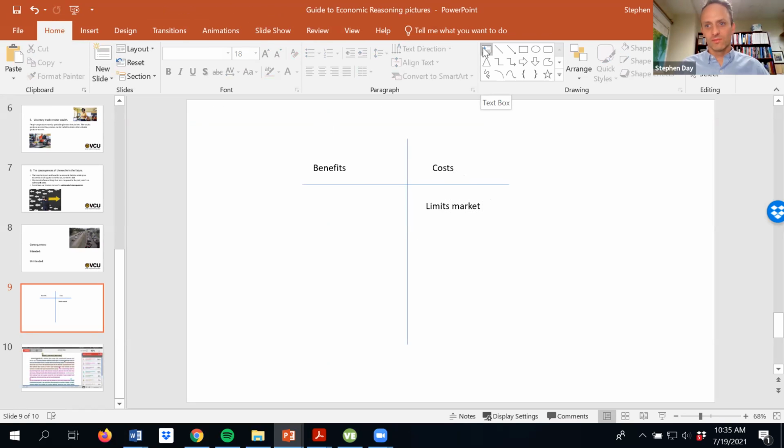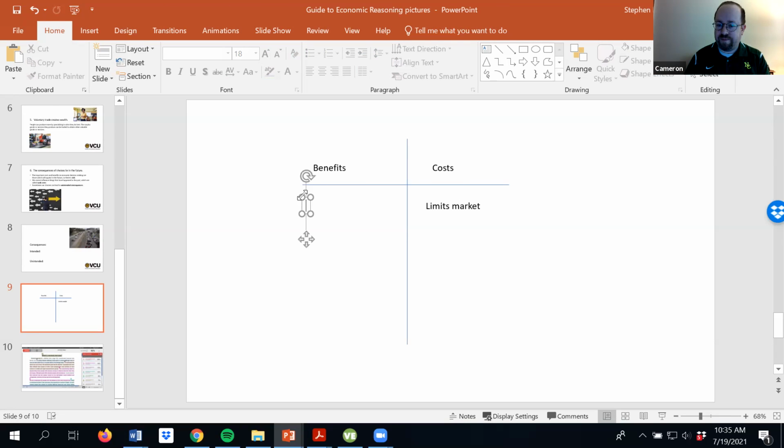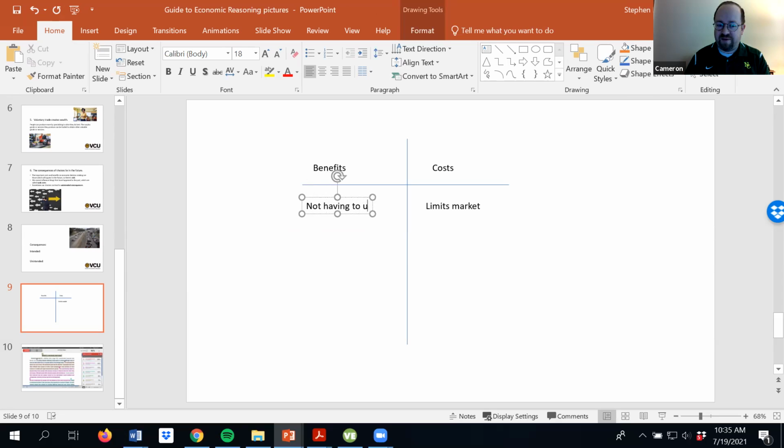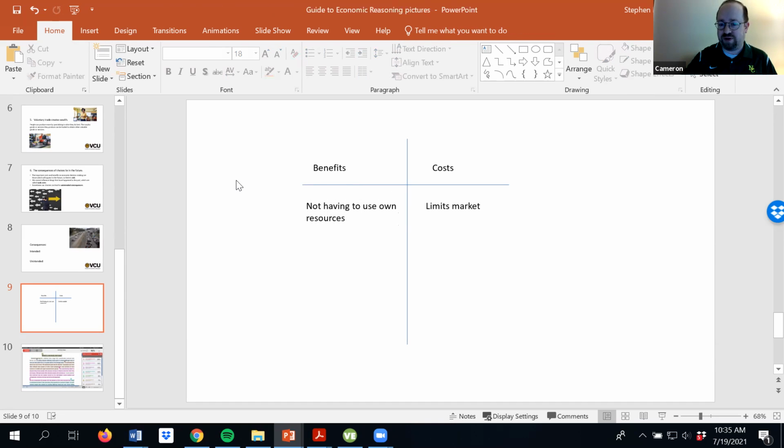Very good. Something that I would put on the benefit side in my mind is not having to use their own resources. They're not having to provide the ships and the manpower. They're having a private company do that. So it's like you're saying, it's not hurting their pocketbook as much.